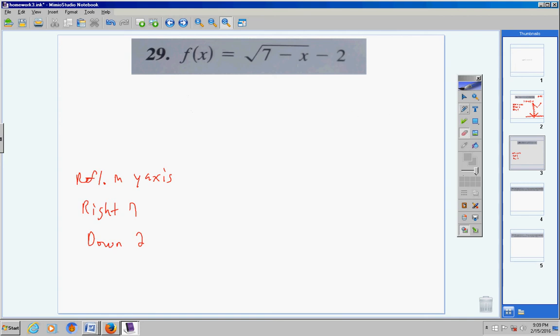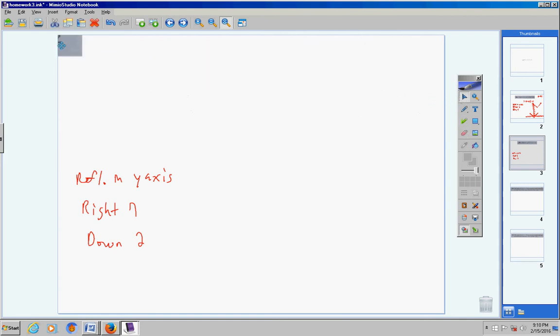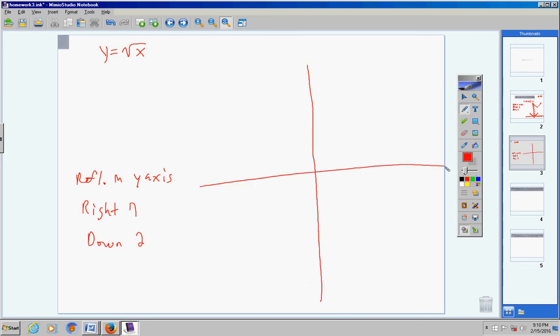Okay, so I'm going to erase this. Give some room to work. The standard square root function looks like this. And it would be about right here. Being a little sloppy here, but that's okay.